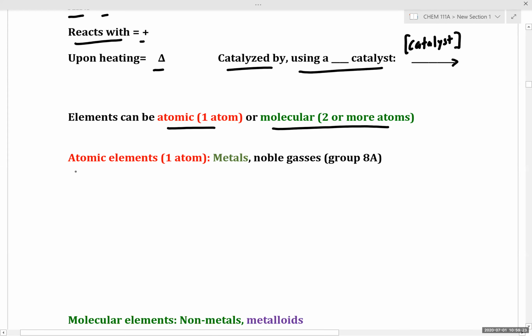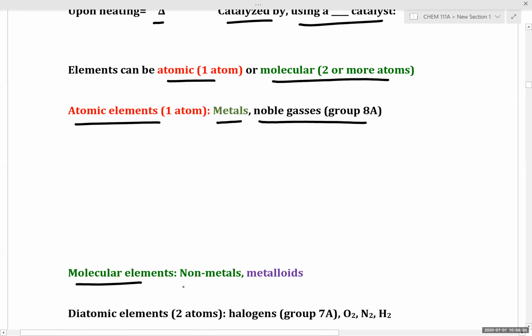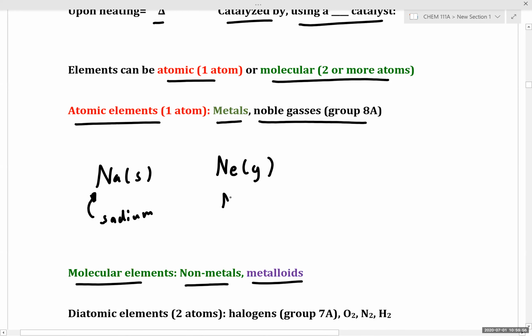As we discussed, our atomic elements are our metals and noble gases, while our molecular elements are our nonmetals and our metalloids. An example of an atomic element would be sodium. If someone says the word sodium in a description of a chemical reaction, they're referring to Na, solid. Noble gases would be Ne, for example neon, which is an atomic gas.